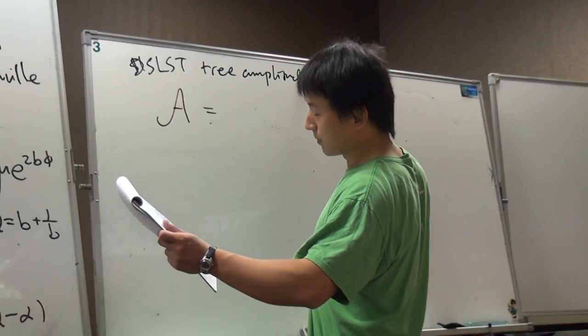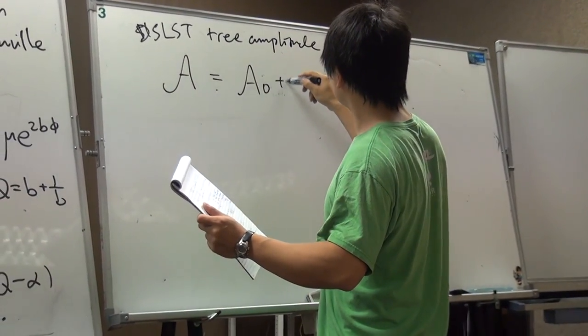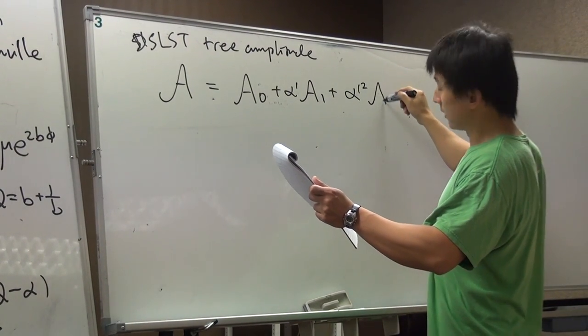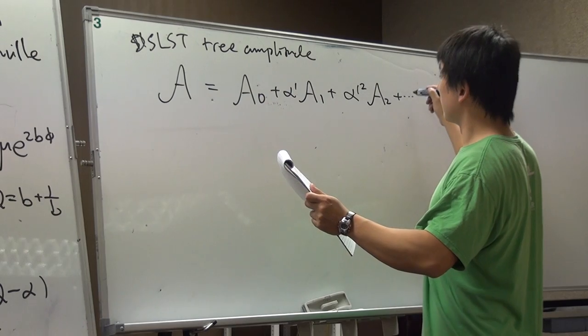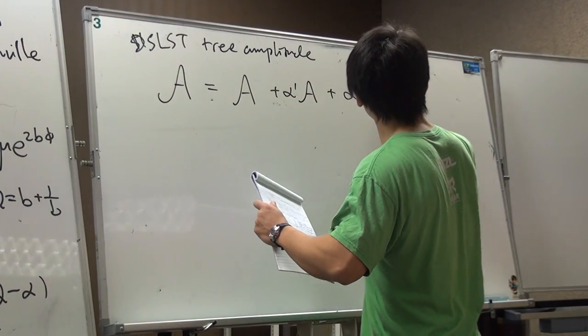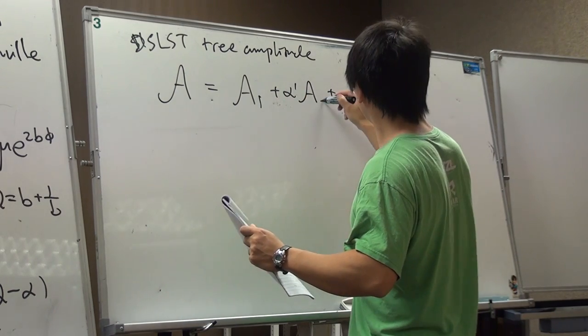It has some alpha prime expansion, which let me write as A1, A2, A3, labeled like this.